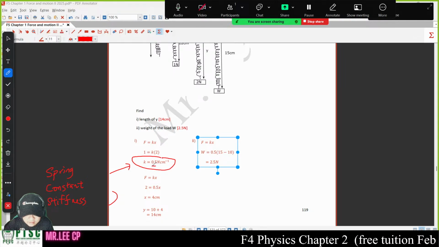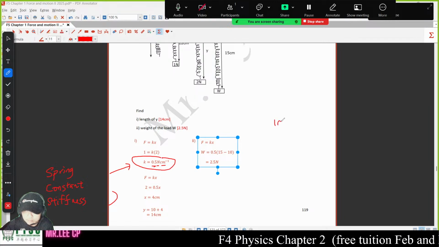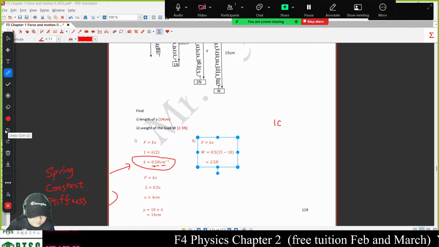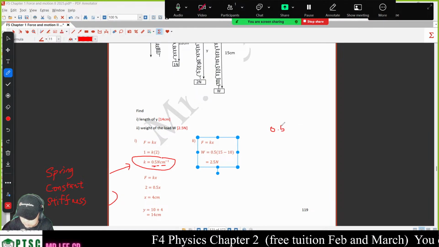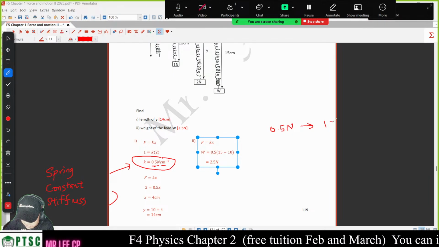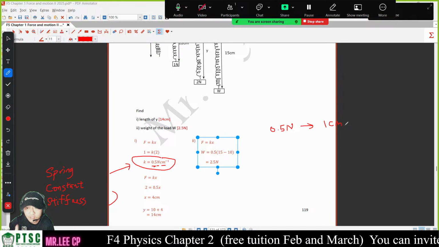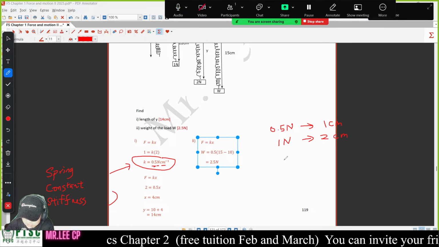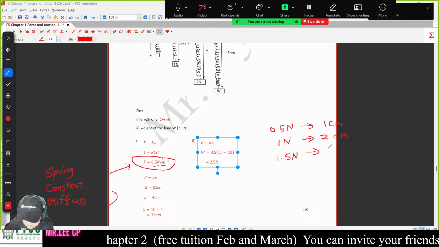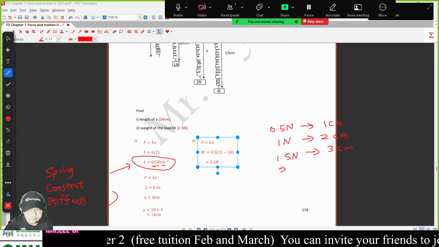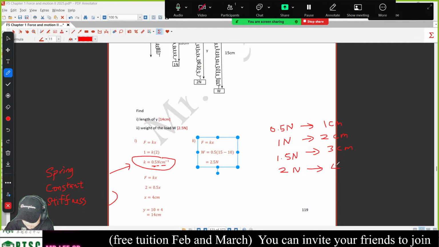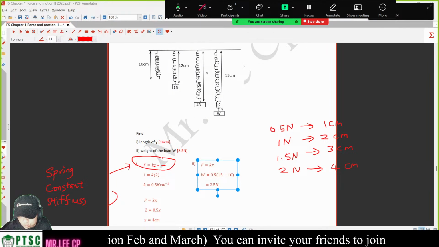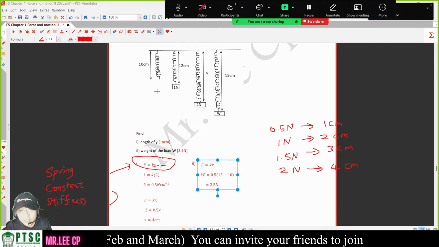What is 0.5 Newton per cm? 0.5 Newton will extend 1 cm. If you want 1 Newton, it will extend 2 cm. 1.5 Newton, it will extend 3 cm. 2 Newton, it will extend 4 cm.